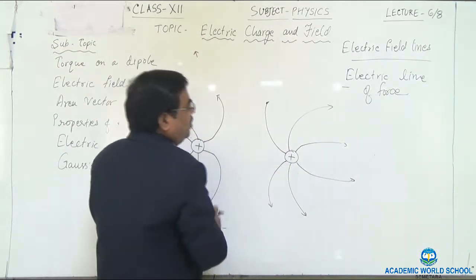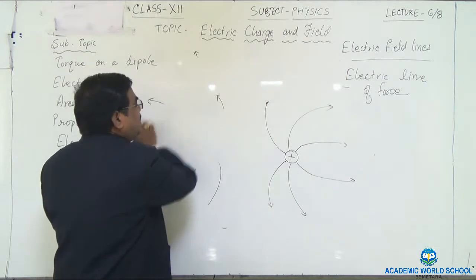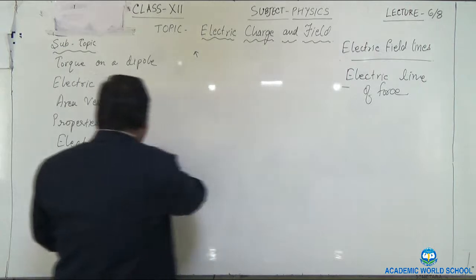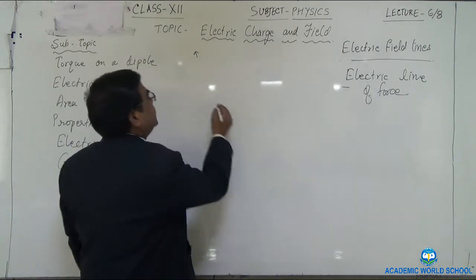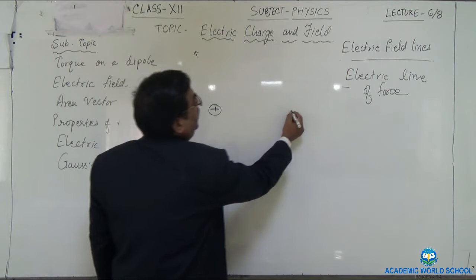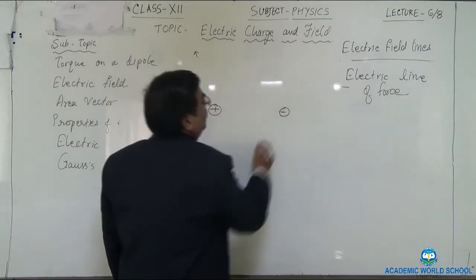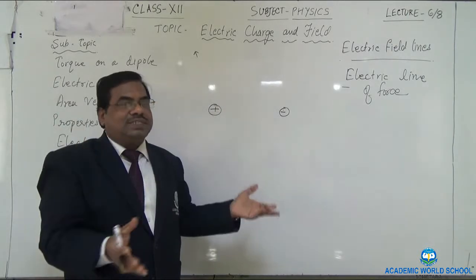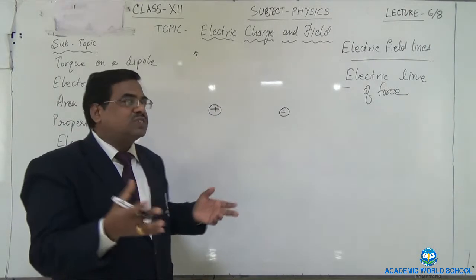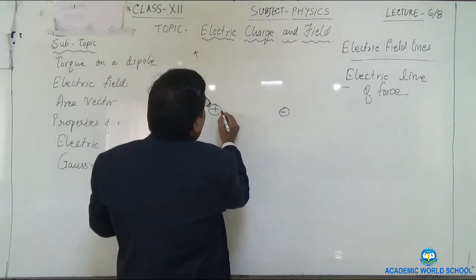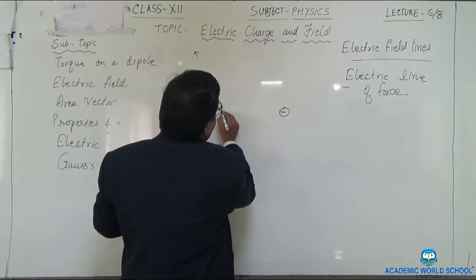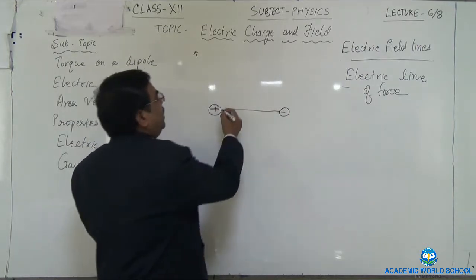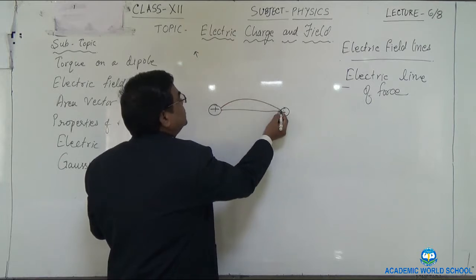Okay. If one of them is negative, what will be the pattern of the electric field lines? One positive and one negative. Now if one positive and one negative are brought together, then the electric field lines will be disturbed, and first of all one line will start from the positive and terminate at the negative. Then there will be some more lines like this.